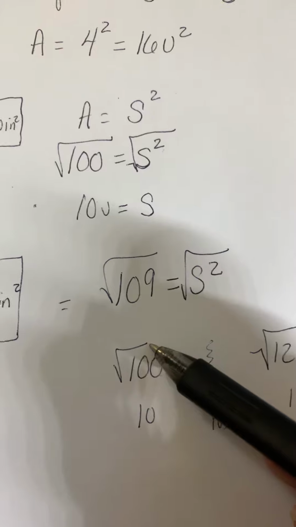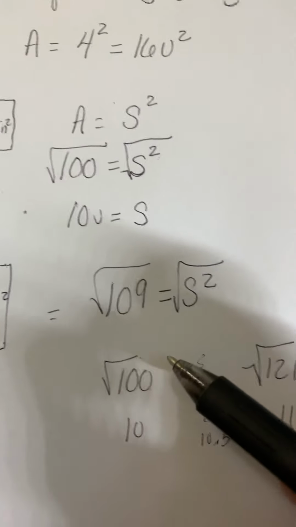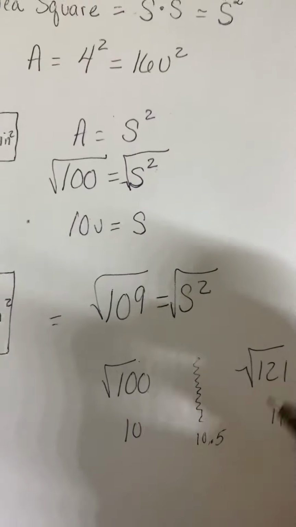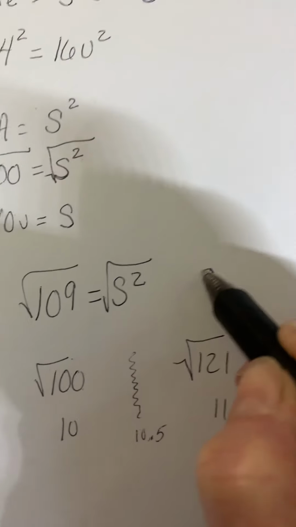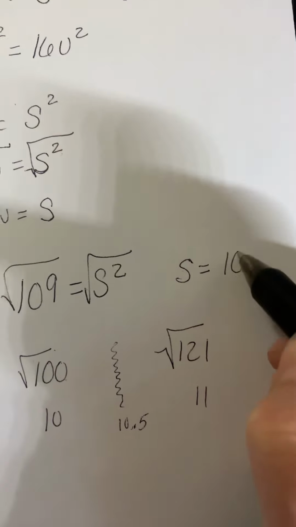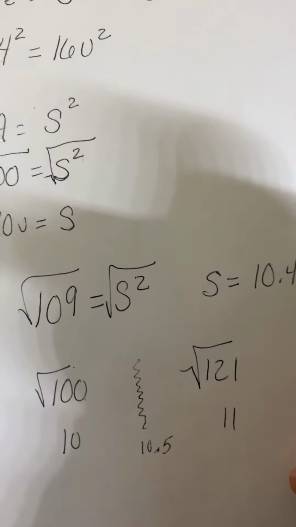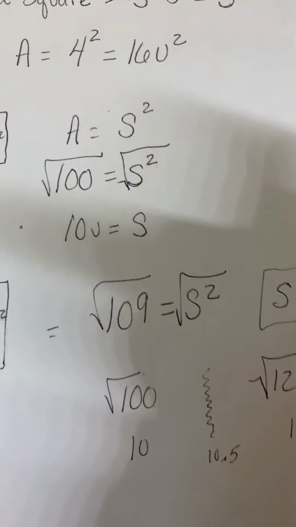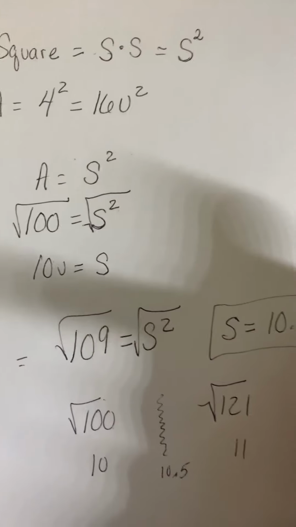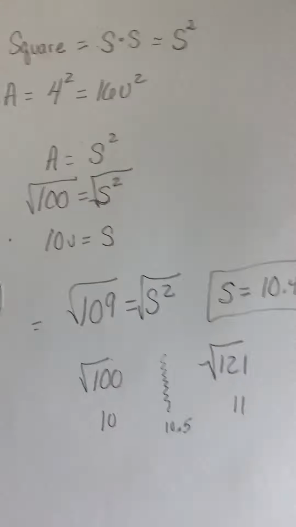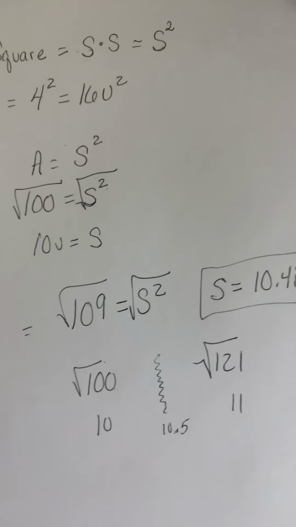It's closer to 10, so I'm going to say more like 10 4/10 of an inch would be my estimate. So I would say side is equal to 10 4/10 of a unit, right there. Actually, it's inches. Sorry.